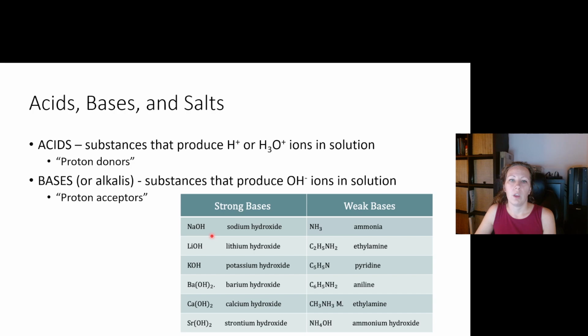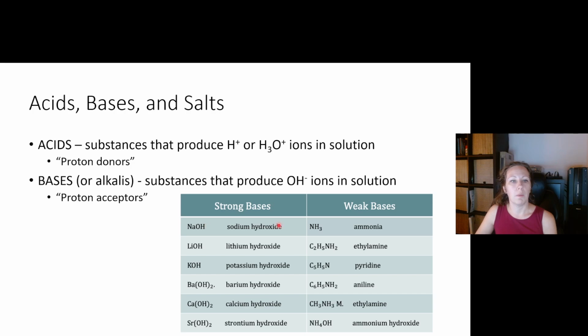And so, as I was talking about with sodium chloride earlier, ionic compounds, when they are in water, the ions will dissociate from each other and just be suspended in solution. So you'll have sodium by itself in the water and the hydroxide. The sodium isn't going to have any kind of reaction that's acidic or basic, but this hydroxide will.